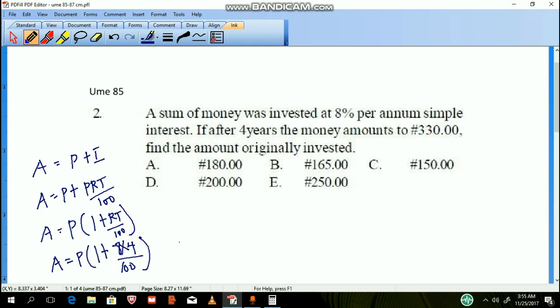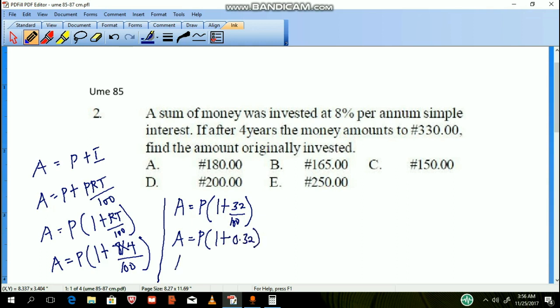So A will be equal to P bracket 1 plus 8 times 4, that is 32, all divided by 100. Then I have A equals P bracket 1 plus 32 divided by 100, that is 0.32.